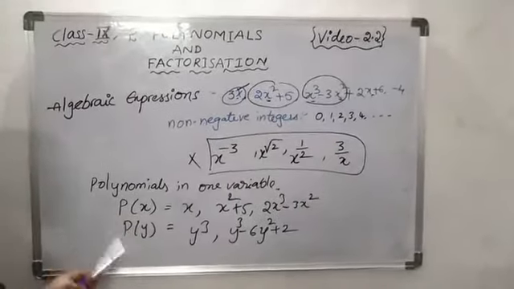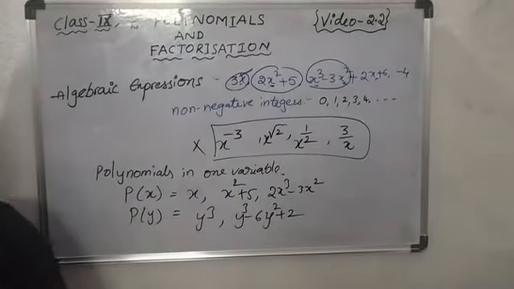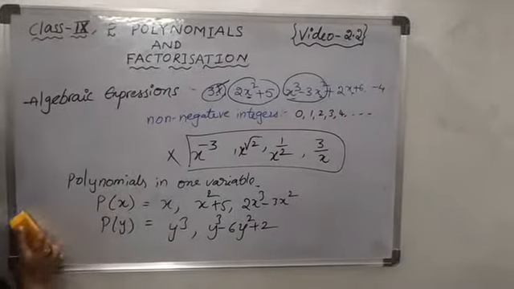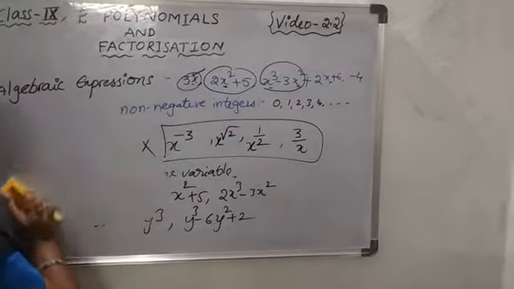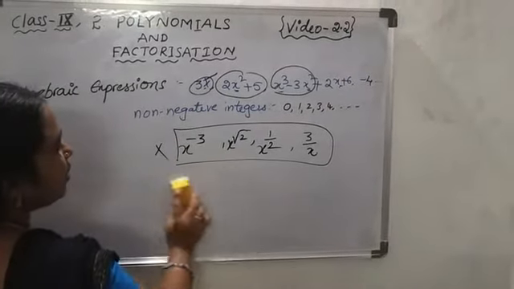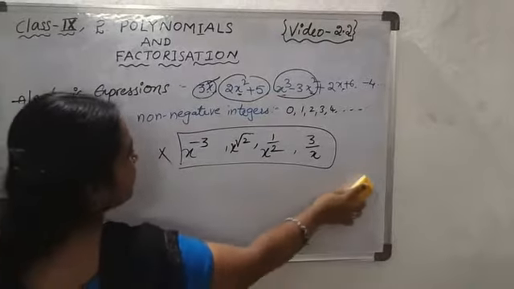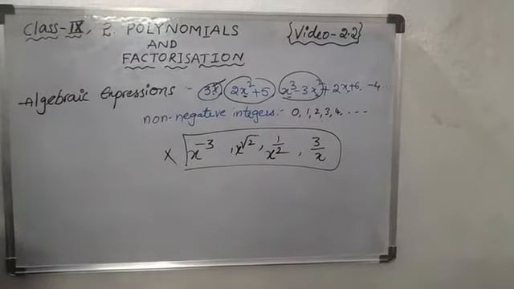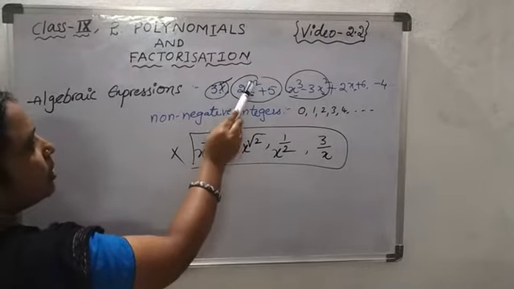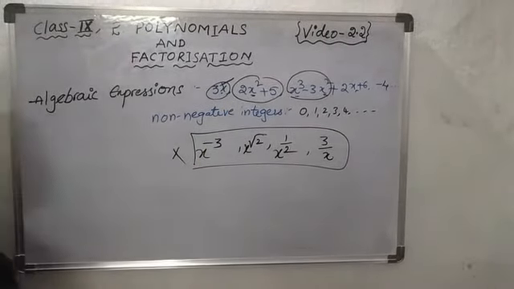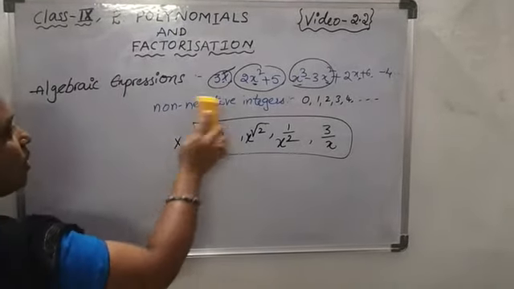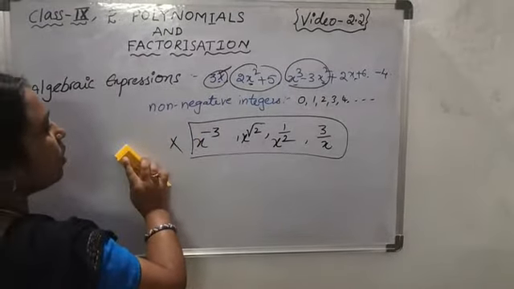But in this chapter we use the polynomial in either x or y. Now I guess you understand which types of expressions are polynomials. The exponents of the given variable are always either positive or 0. Okay children, always non-negative integers.